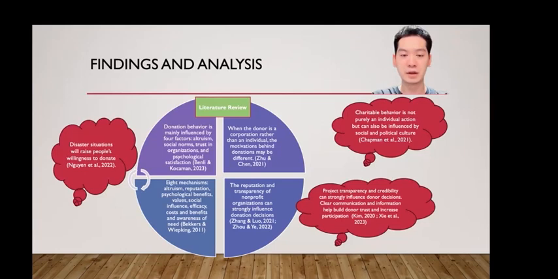For example, when nonprofit organizations clearly show how donations are used and provide visible project outcomes, donors are more likely to believe that their contributions will create real social impact. As a result, they may feel more confident about donating.